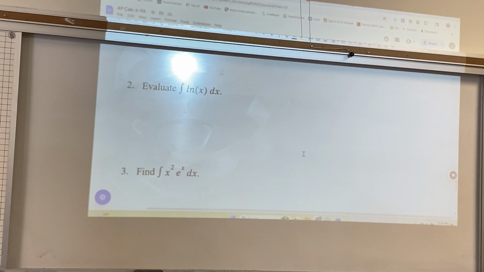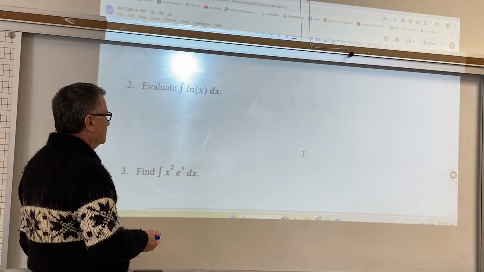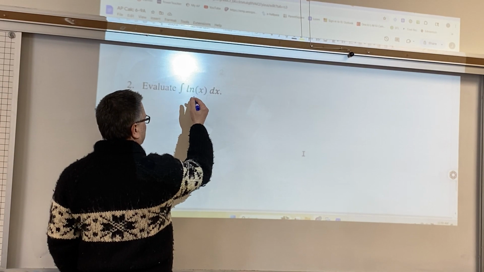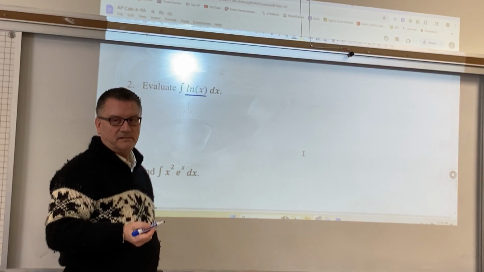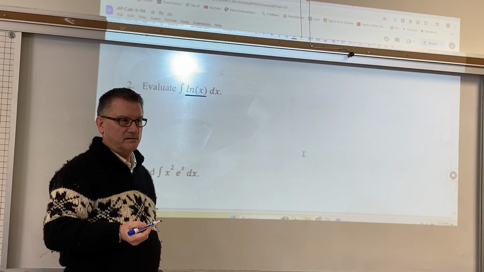I could try u substitution. We know this is integration by parts, so maybe I want to find u and dv. I know if I take the derivative of ln x, I don't get ln x. I get 1 over x.